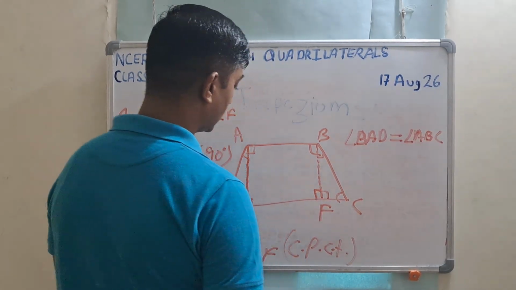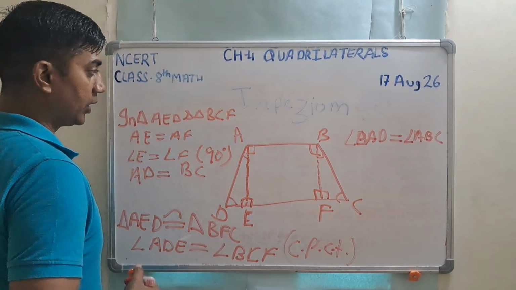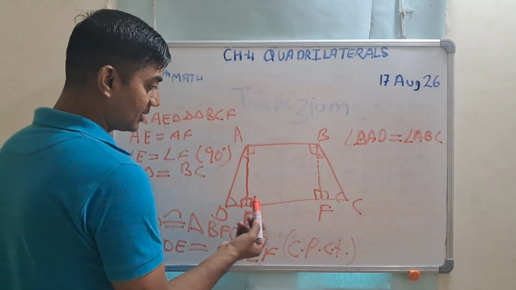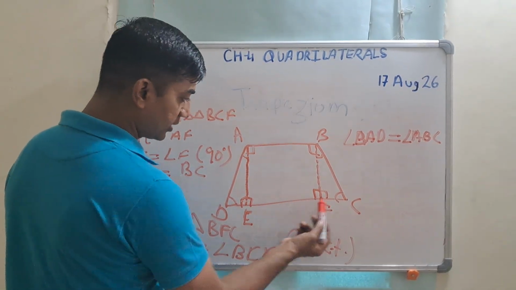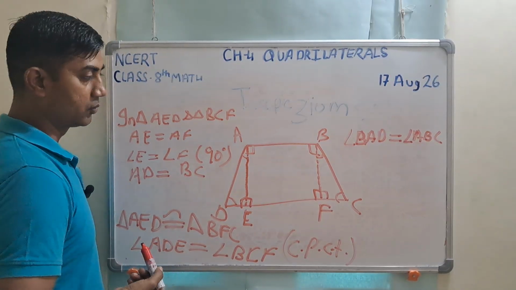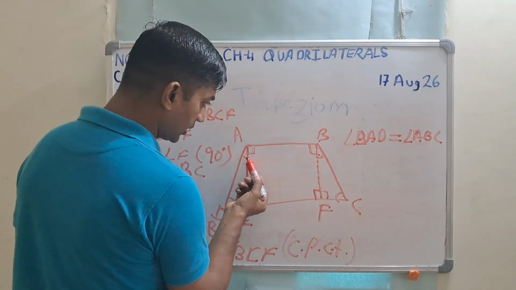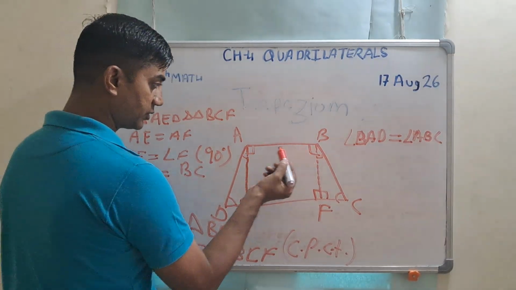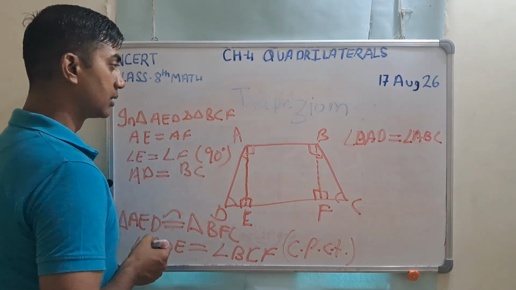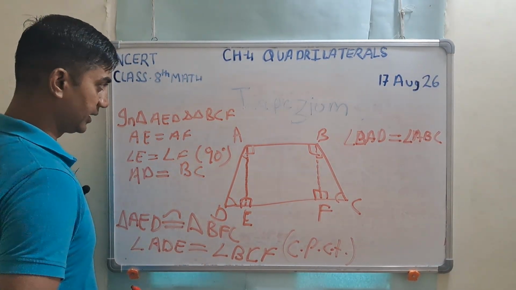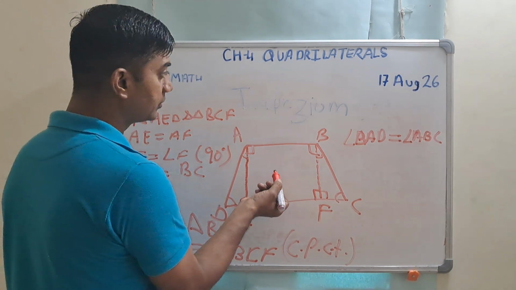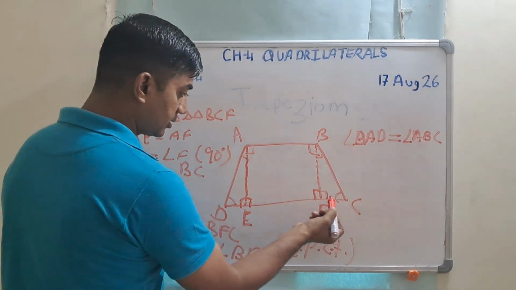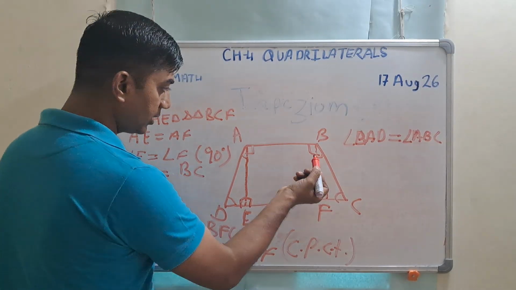This is also what we have concluded. So in the isosceles trapezium, opposite angles on the same line are equal. Angles on the same line are equal. This is the conclusion from our discussion: in an isosceles trapezium, angles on the same base are equal.